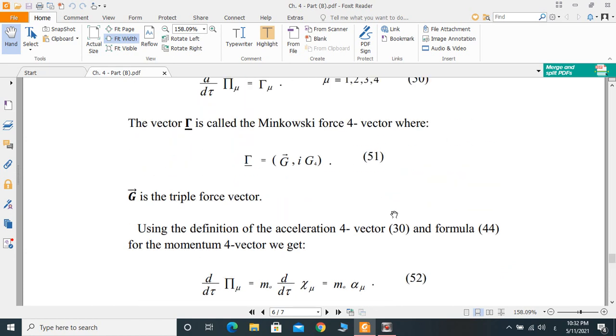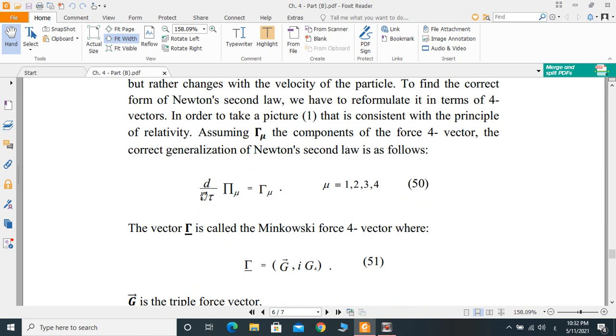Equation of motion 50 can be rewritten in detail.